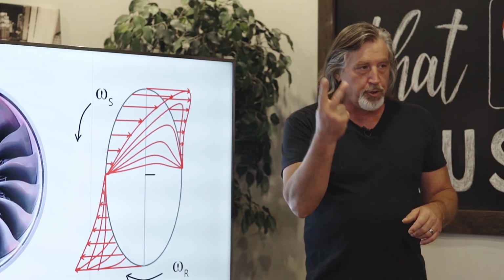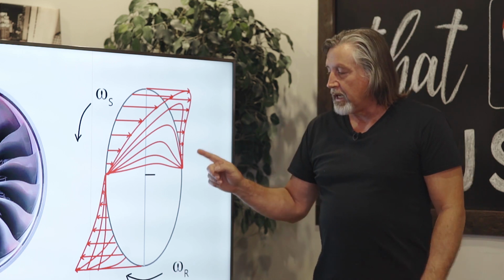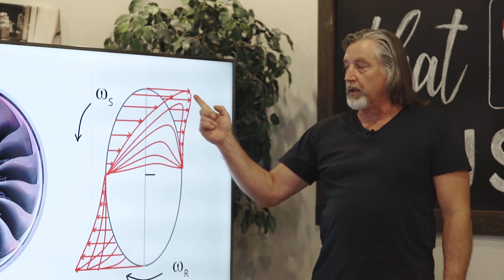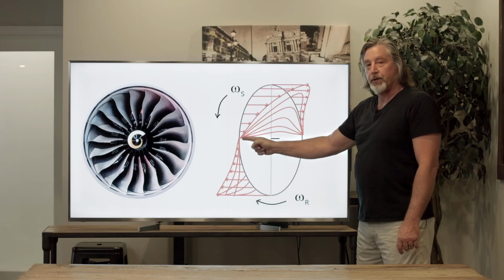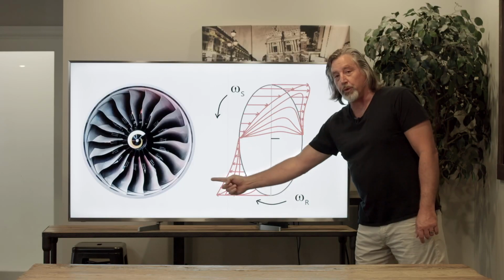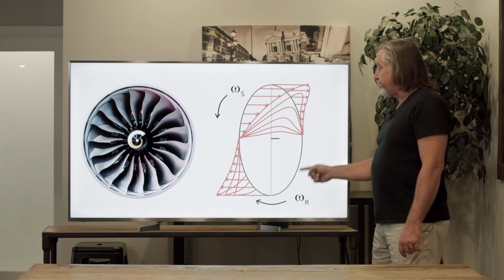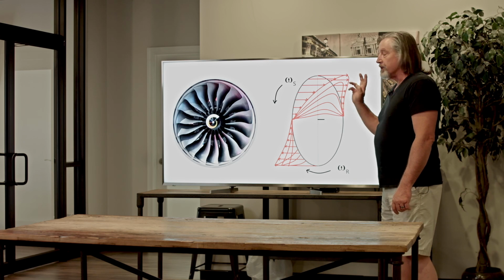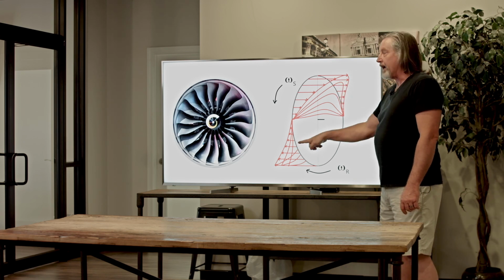Each blade would experience 2 pulls. Nothing when it's here, a forward pull this way when it's here, nothing once it gets over here, a backwards pull when it gets over here, and finally nothing here. That's in one rotation. It would experience 2 pulls, forward and back.